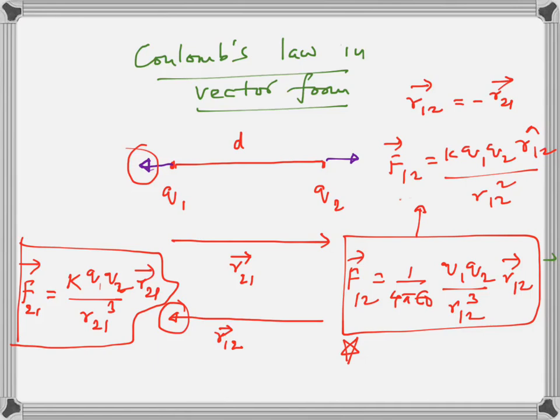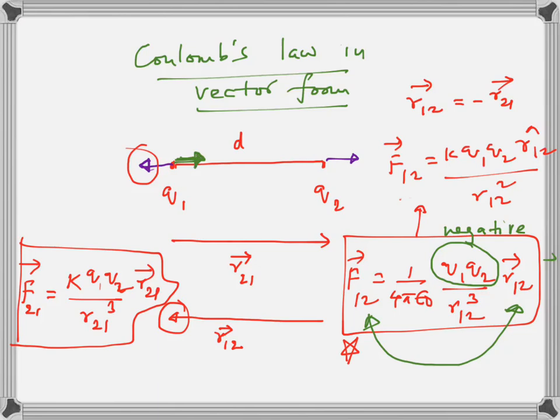In such a case, the force on Q1 will be to the right, as I am showing by the green line. In such a case, this product Q1 into Q2 will be negative, because one of the charges is negative. So direction of F12 is minus R12. Can you see that? R12 is to the left, whereas force is to the right. The force is attractive, as shown by the green arrow here.